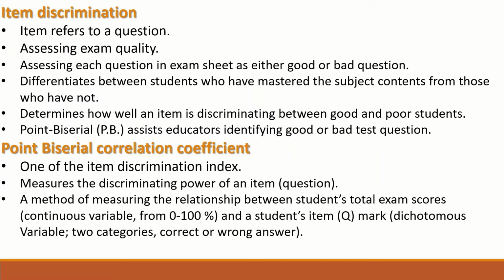It is a method of measuring the relationship between student total exam scores, a continuous variable from 0 to 100, and students' item mark or score, a dichotomous variable. Dichotomous means two categories, correct or wrong answer.